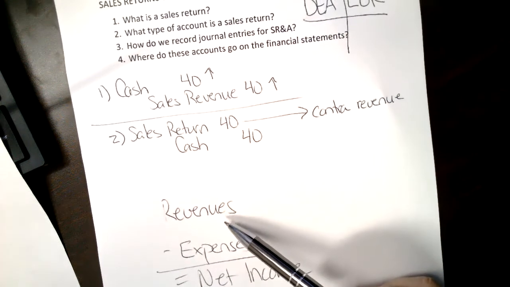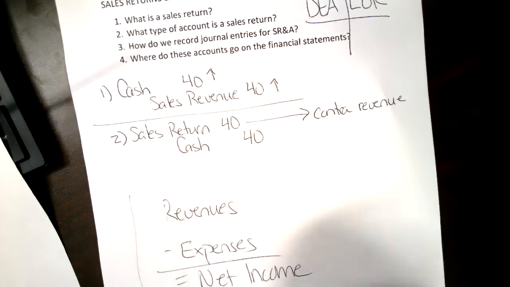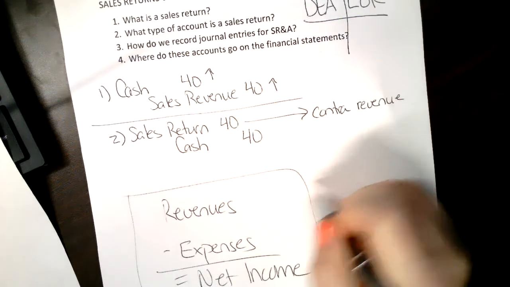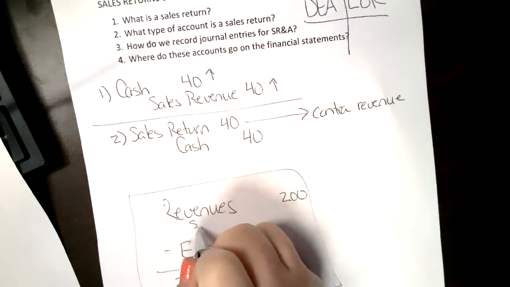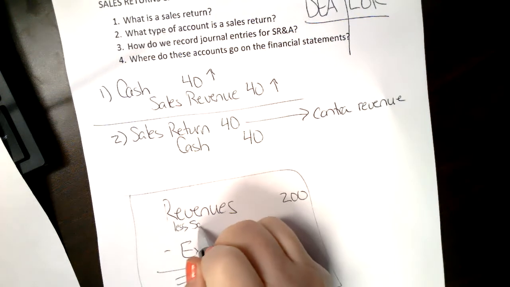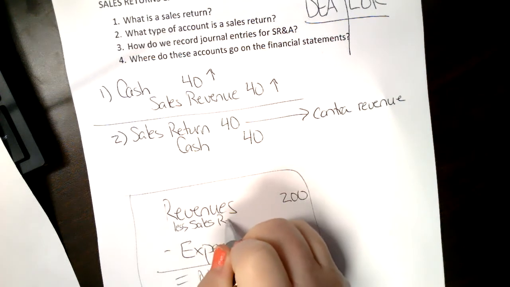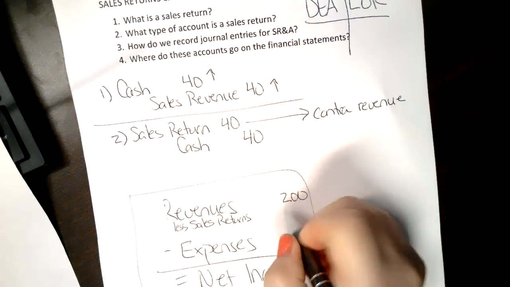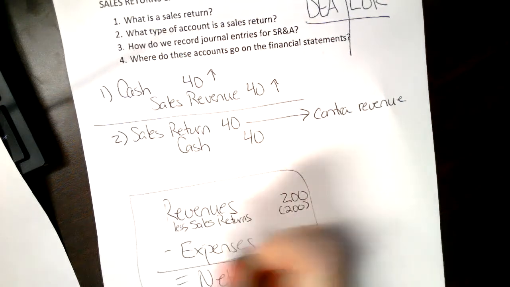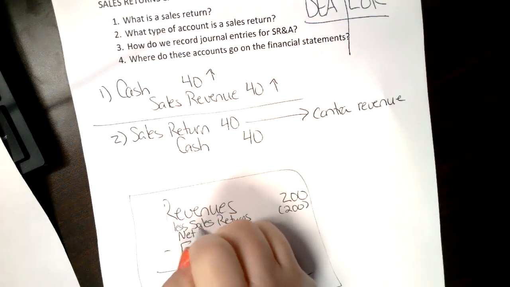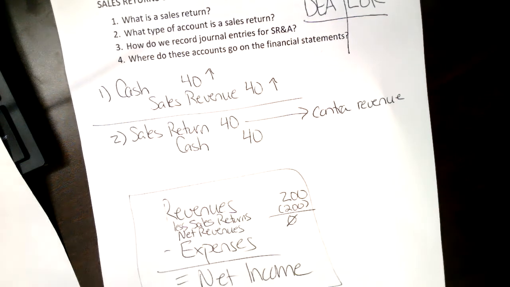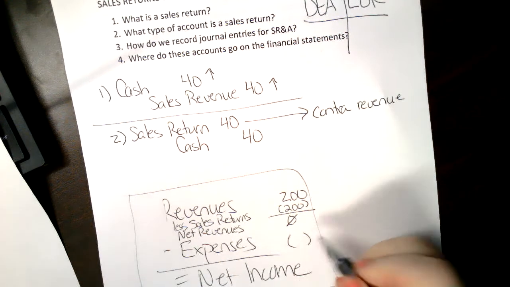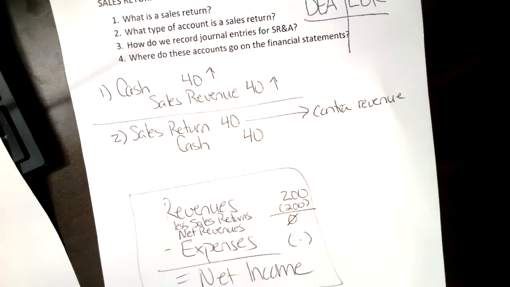So what Target would record on its income statement is they would have revenues of $200, and then they would have less this contra revenue account called sales returns, and then they have something called net revenues, which if we're just looking at this one transaction would be zero. And then all their expenses would come out of that and they would get down to net income.